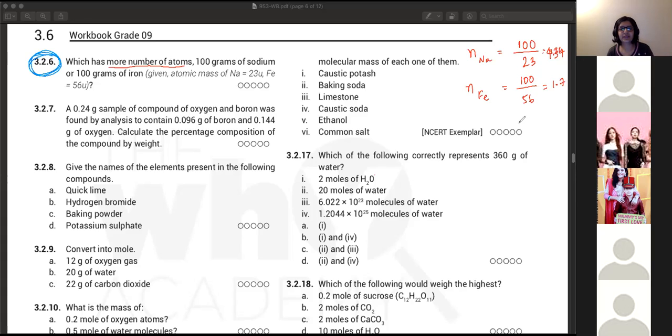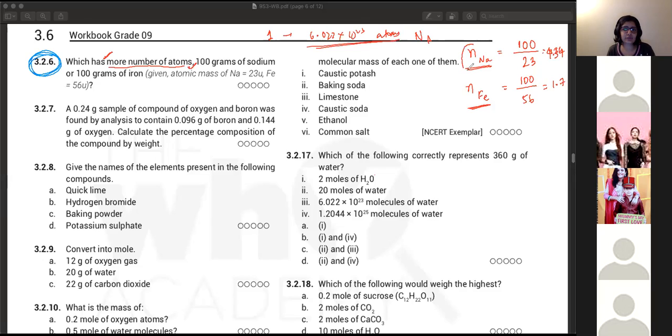Yes, very good. Raghav, absolutely right. Whenever you get these kinds of problems where you have to compare the number of atoms, finding the number of moles is sufficient. The reason is that whether it is sodium or iron, 1 mole will always contain 6.022 × 10^23 atoms. This number is constant. It's called Avogadro's number, Na.